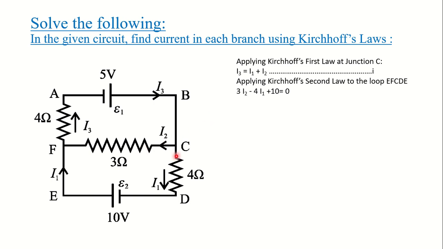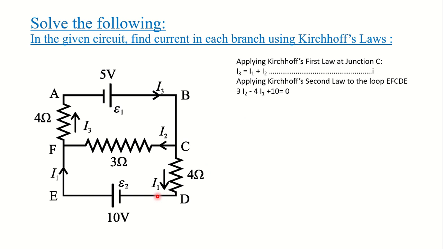And next branch, you can see here comes the resistance 4 ohms. Through resistance 4 ohms, you can see the current I1 is flowing. And here the direction of current and direction of loop both are the same. So the equation becomes minus 4I1 will be the potential drop across the resistor 4 ohm.